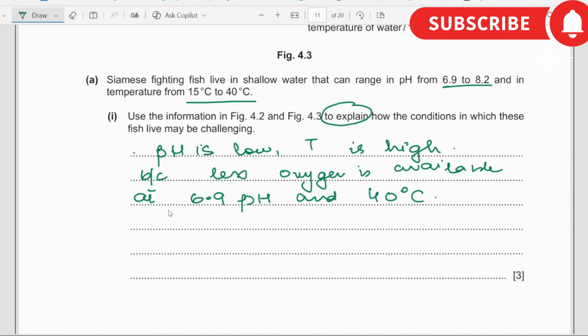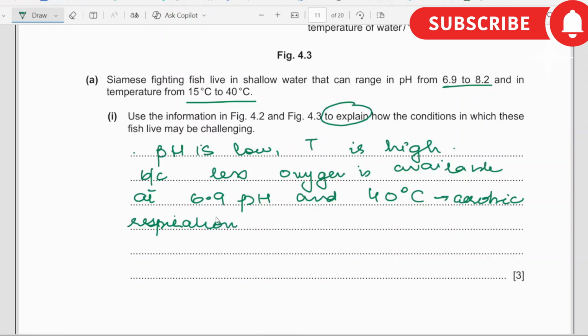They don't have enough oxygen. If a fish is not getting enough oxygen, what sort of metabolic reactions? It's simple. Aerobic respiration. There would be lesser aerobic respiration, lesser production of energy.